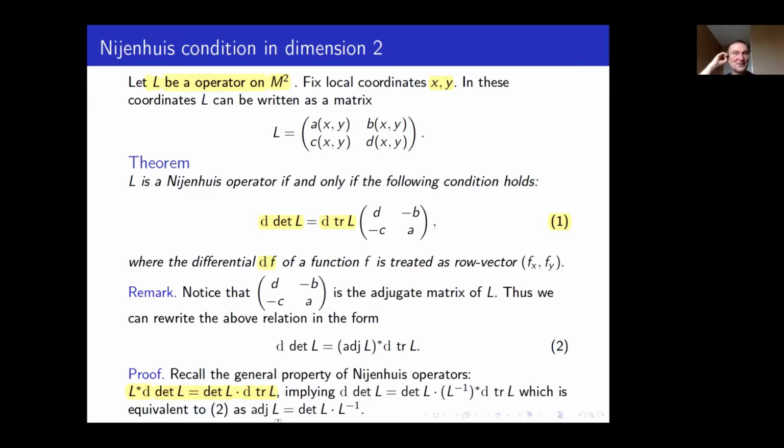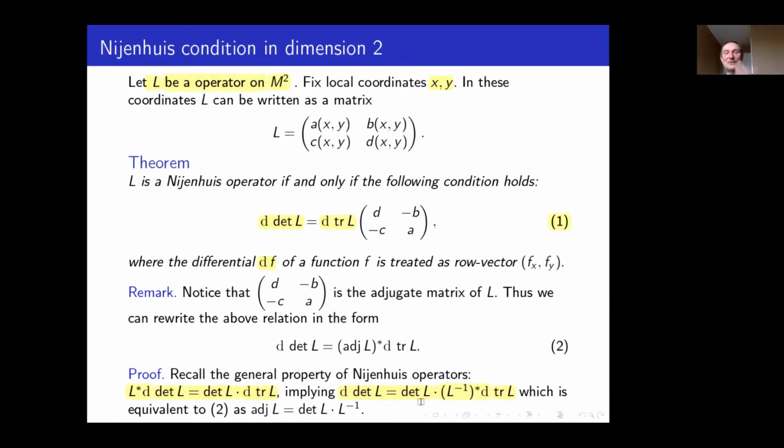If I rewrite this identity in a slightly different form, like this, then I will get exactly our relation, using the fact that determinant L times L inverse is exactly the adjugate matrix.